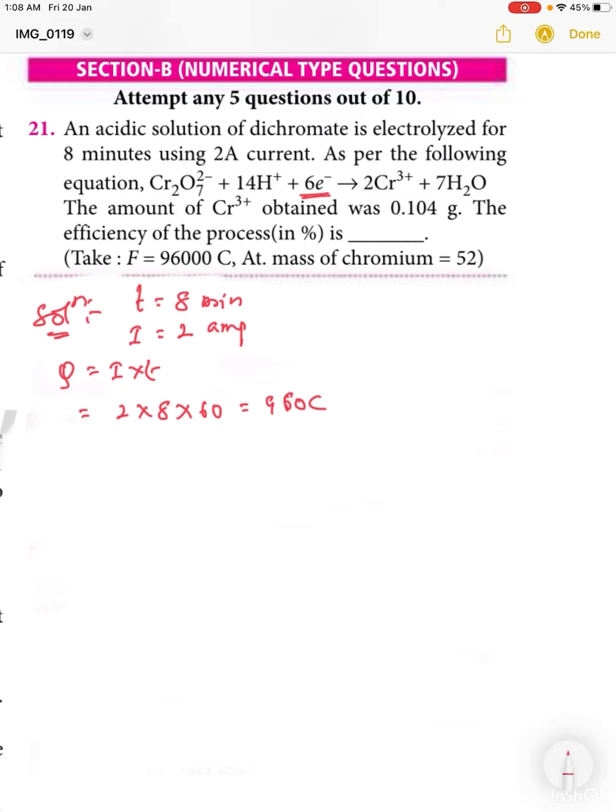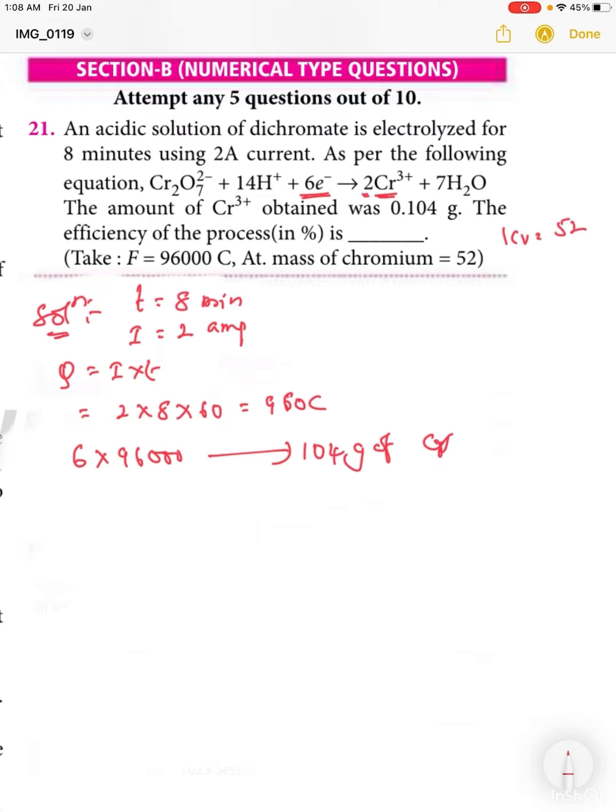According to the reaction, 6 electrons are participating. That's why 6 into 96,500 coulombs will deposit 104 grams of chromium, because 1 chromium is 52, so 2 chromiums give 104 grams.